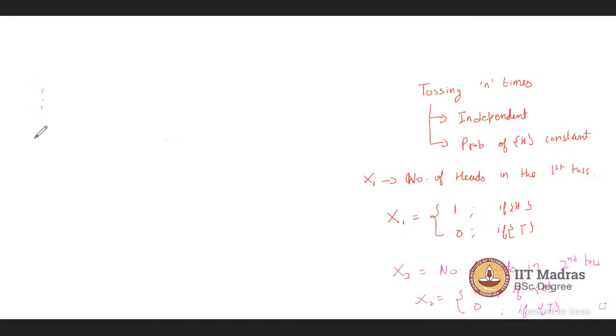Similarly, I can define x3, x4, and so on up to xn. Xn will be the number of heads in the nth toss. So again, xn will take the value 1 if heads appear in the nth toss and 0 if tails, right?